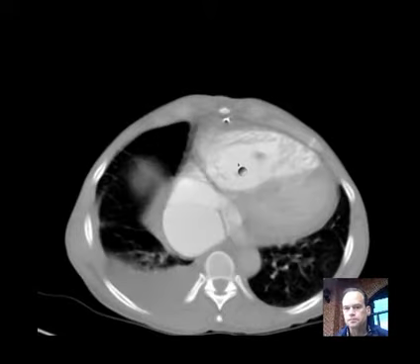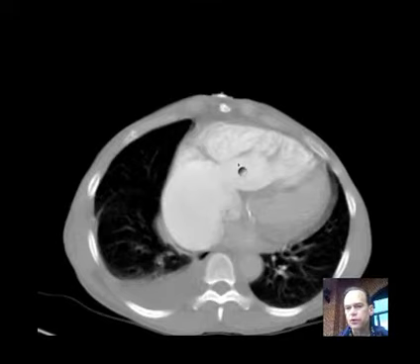So one cause of ventricular dilatation like this is pulmonary embolism. And when it's caused by pulmonary embolism, this is a very concerning finding. This is not pulmonary embolism here, remember, it's right heart failure. But right heart failure can give you dilatation of the right side of the heart, and so can pulmonary embolism.